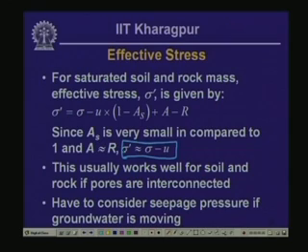This simple expression works very well for saturated soil and rock if the pore space is interconnected, and if the pore water or the groundwater within the mass of soil or rock is not in relative motion in comparison with the solid skeleton.